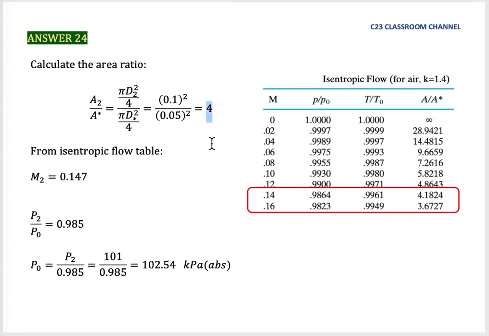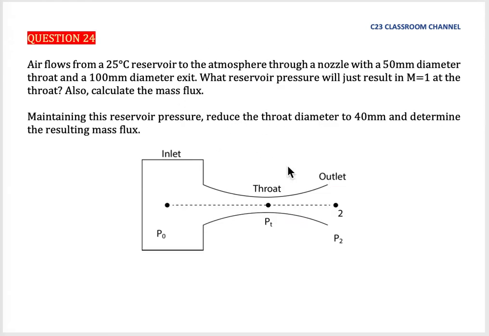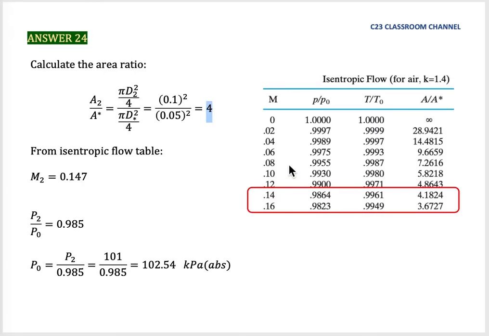And then if we refer back to the question here and our diagram here, the question didn't mention any terms about shock wave. So that means there is no shock wave occurring in this system, and we could calculate all these 3 points by using the isentropic flow. So we refer to isentropic flow table here.